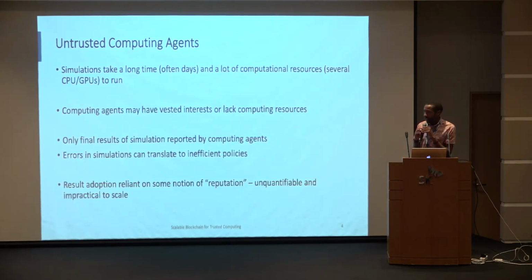Looking at the untrusted computing agents, for instance with OpenMalaria, it can take a couple of days, like 3 or 4 days, to simulate the 500 policies and make that decision. It takes a longer time and also needs a lot of expensive computation, so it's a tricky area to consider.